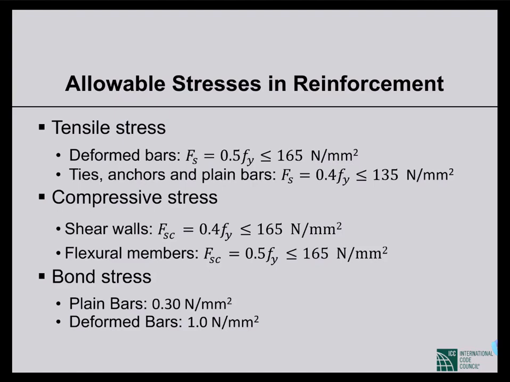So 50% of 60 grade steel is how much? 210 megapascal, if we consider 420 megapascal as 60 grade. So in that case, 210 should be the limit for 60 grade. But here we are quite conservative. We don't allow the allowable tensile stress more than 165 megapascal. So that is like 40% of Fy of 60 grade steel.